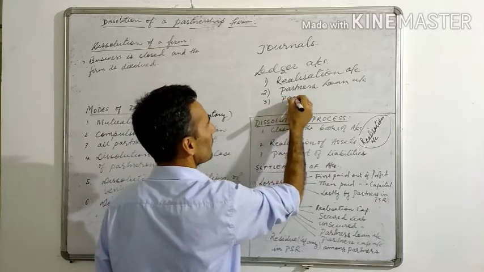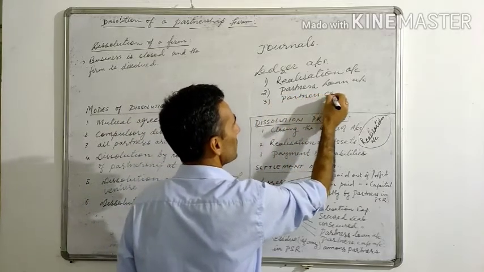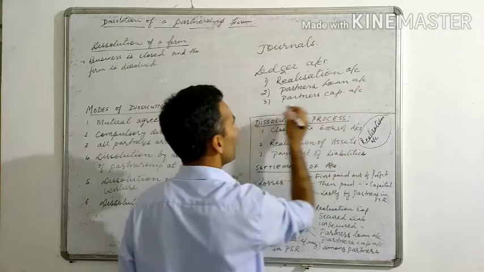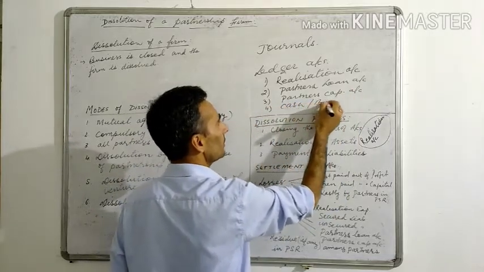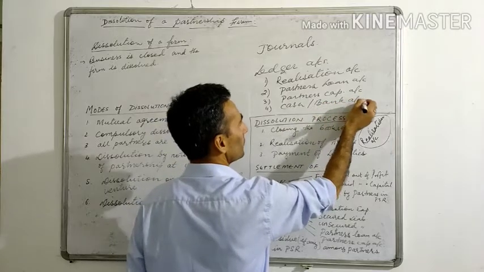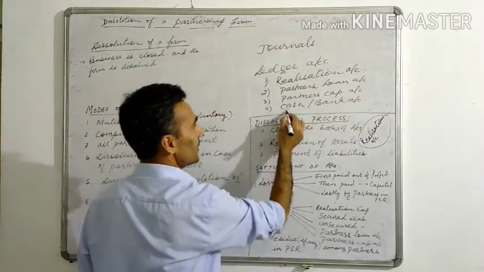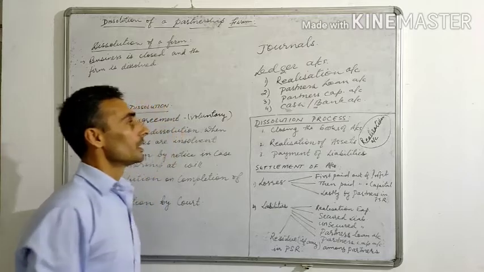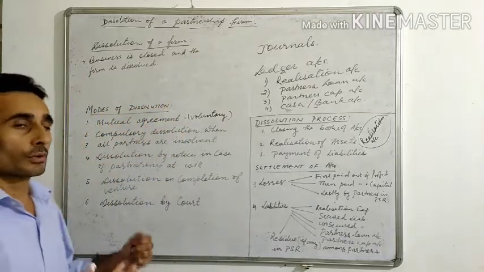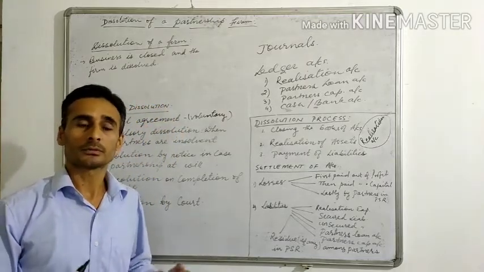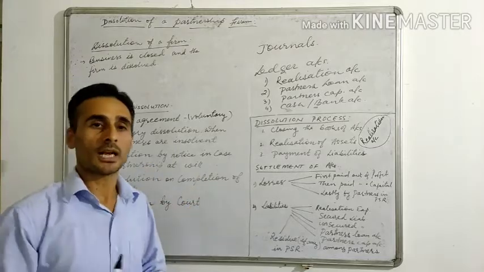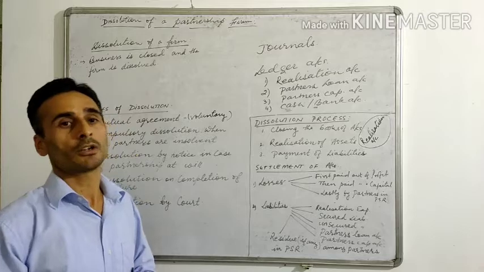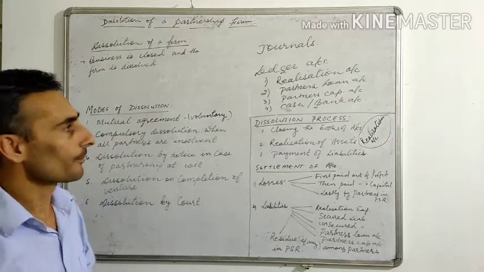Then partners capital account, and number 4, cash or bank account. Okay, this cash or bank account will tell you what is the total amount of cash or money available with the firm and how the assets are realized and how the payments are made.